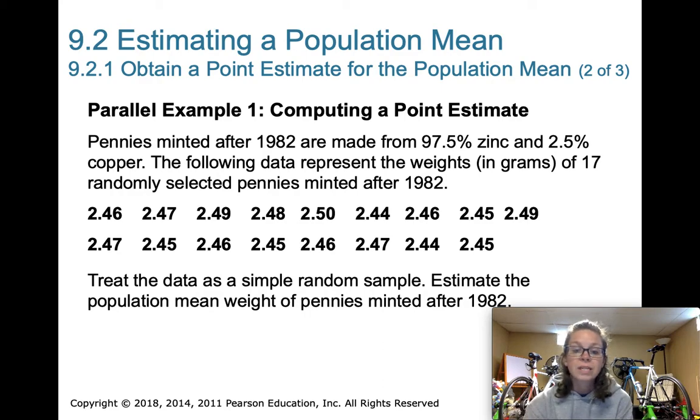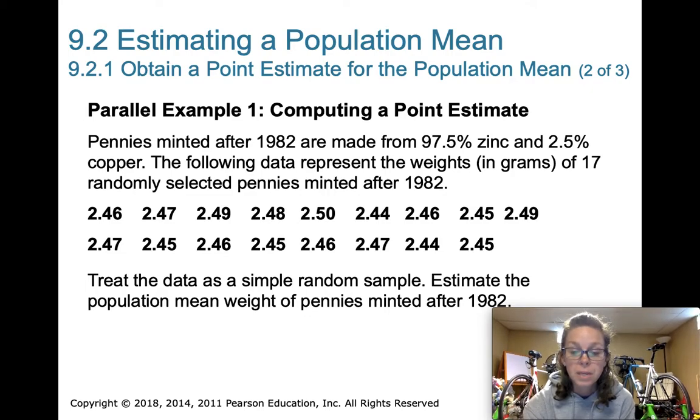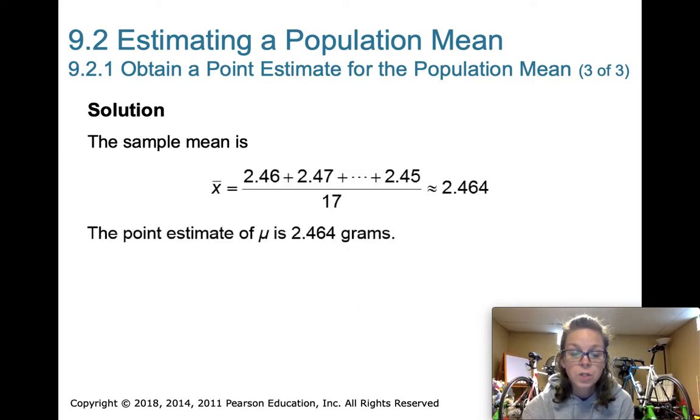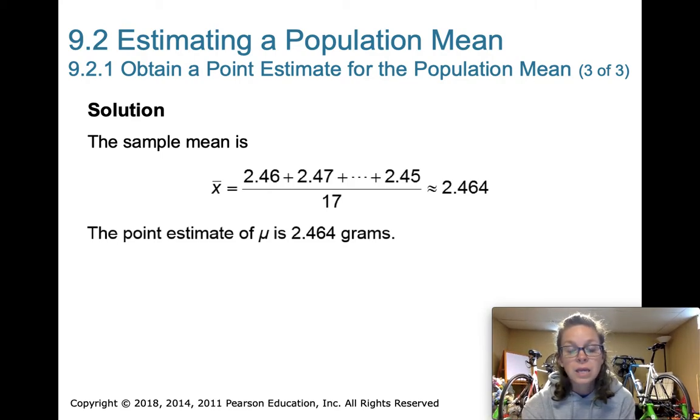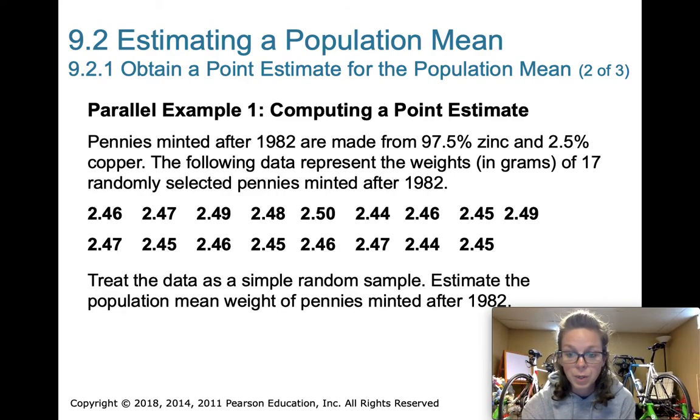That is also then our point estimate for the mean of the population, which is our mu. So add them all up, divide by 17, because we're told there's 17 of them, and we find the sample mean is 2.464. That means we would estimate that mu, the population mean, is 2.464 as well. Okay, so our sample mean is our estimate of our population mean if our sampling was done well. And in this one it says to treat it as a simple random sample.